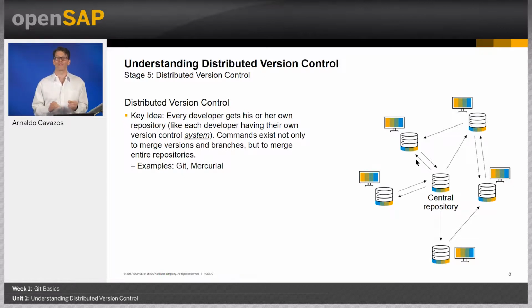Now, I've found that the people who struggle the most with Git often struggle because they are trying to think of version control in terms of centralized version control, in terms of a single repository shared by the entire team. So it's really important when you're working with Git to always be asking, right now this command I'm using, am I just changing my own local repository, or am I affecting other repositories as well?